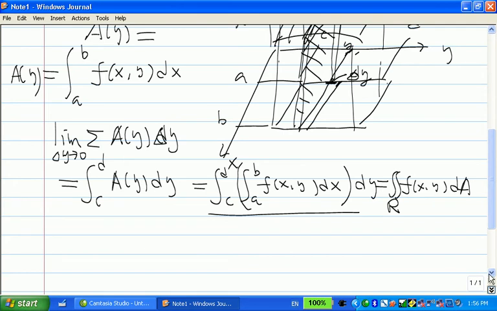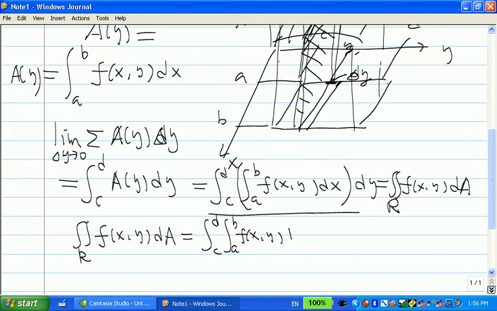So you can do the other way. Cut your bread with fixed x. If you do the other way, then your double integral can be found by either integral from c to d, a to b, f(x,y) dx dy, or the other way around, from a to b.